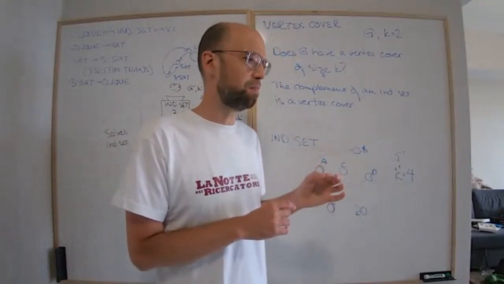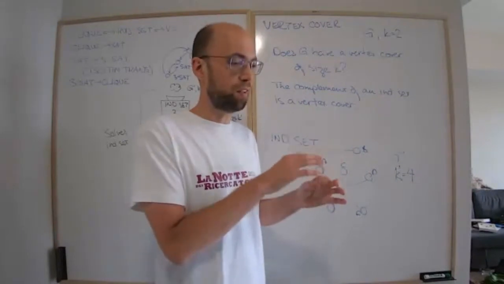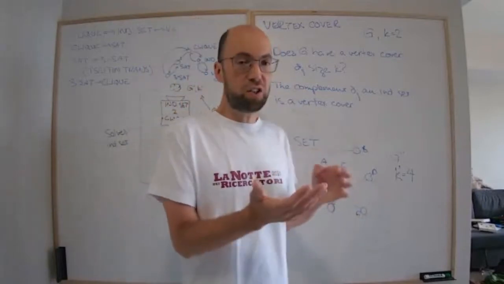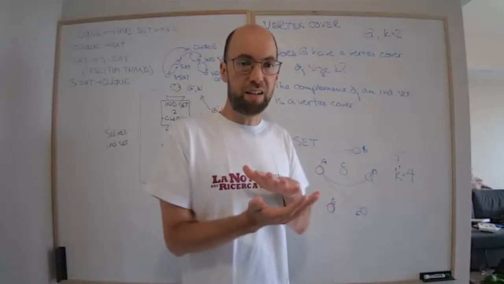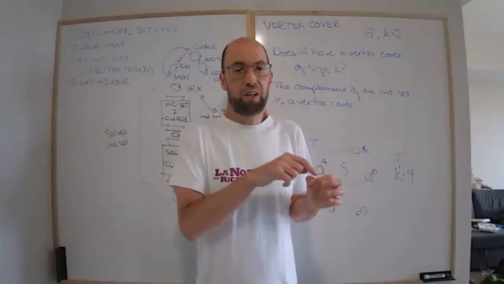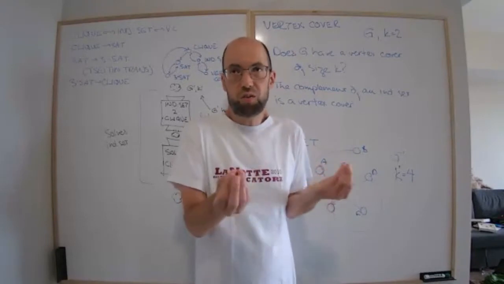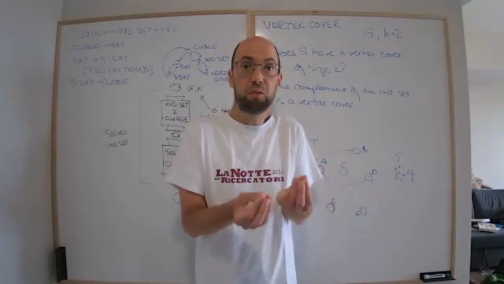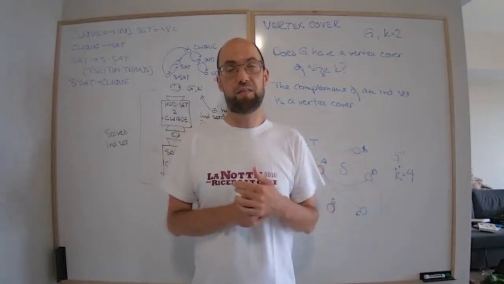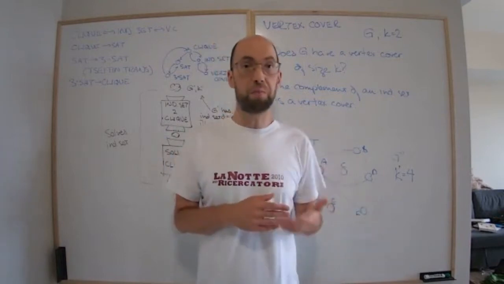If you remove it, it couldn't share any edges with the independent set, because otherwise you would have an edge between two vertices not in the vertex cover, and that breaks the rules. So you would be able to increase the independent set. I just argued that it's minimal, but it's actually minimum.